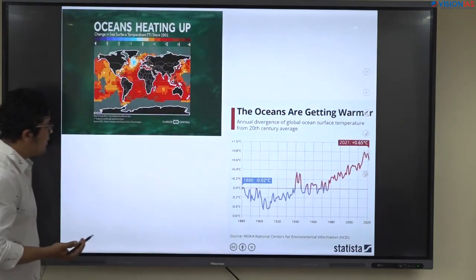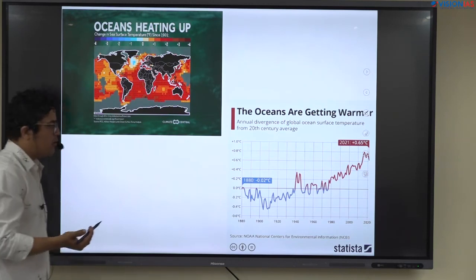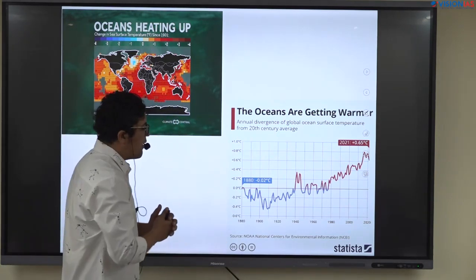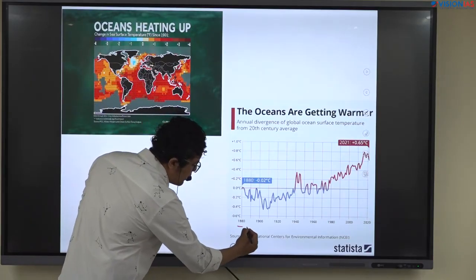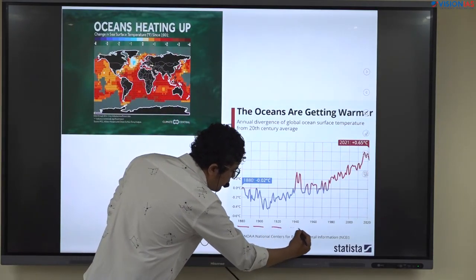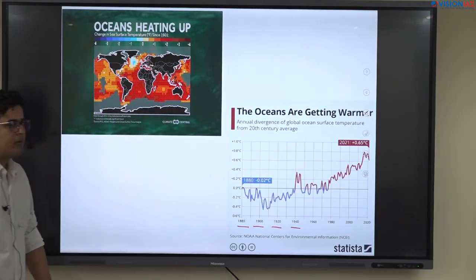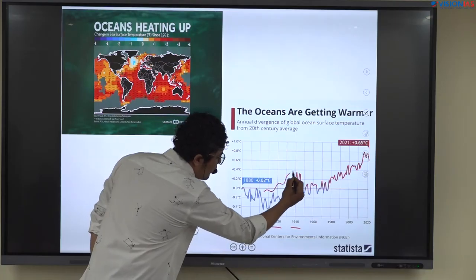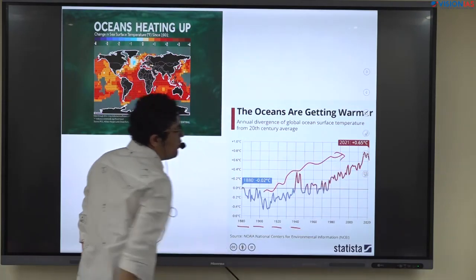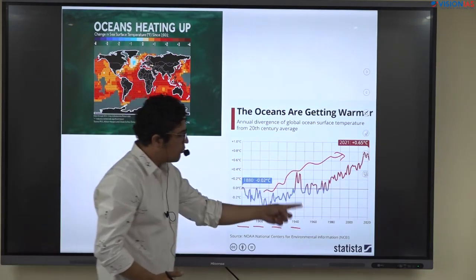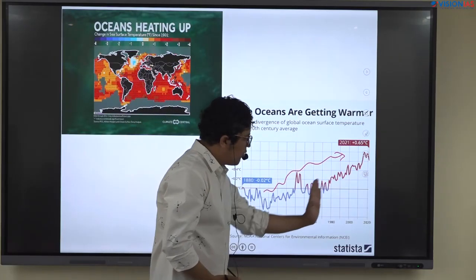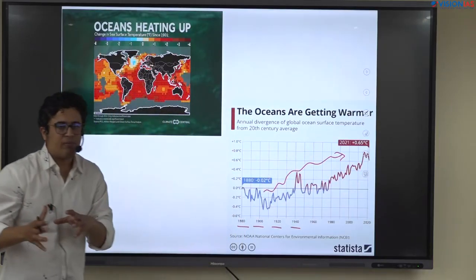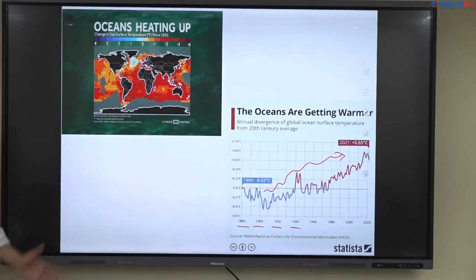If you look at the experiments being done, this is the data which says that if you measure the temperature at every 10-year gap, you will find that the temperature of the ocean is rising. Every 10 years, it never came down. Average temperature is always rising. And this is the present scenario, that our oceans are becoming warmer as compared to the past.